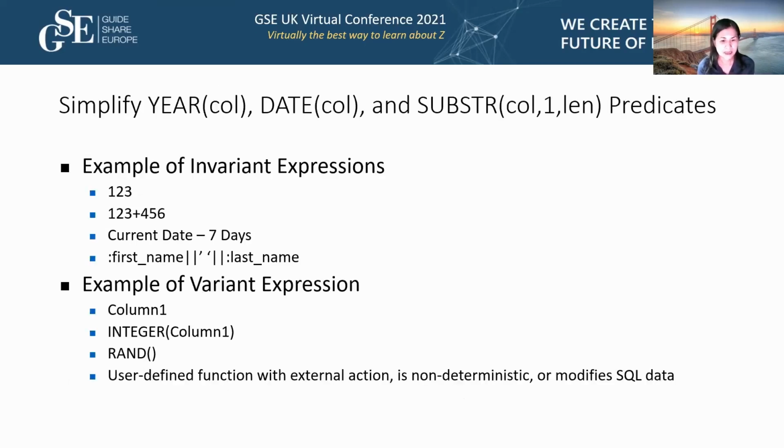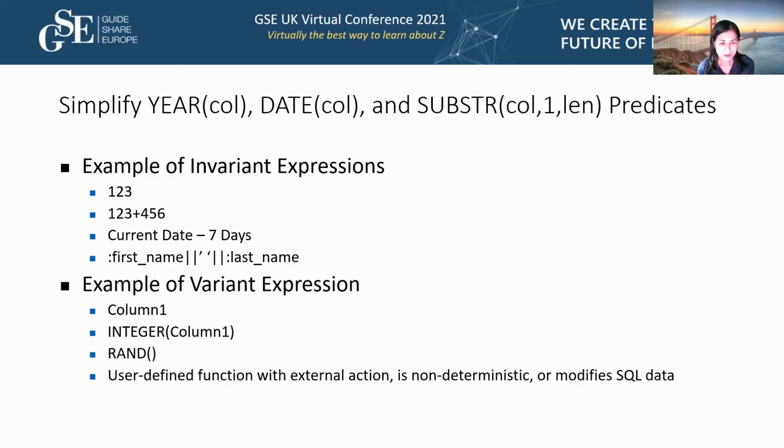So here are some examples of invariant and variant expressions. Invariant expressions contain a constant or a constant expression. The first example is a single constant. The second one is a constant expression. The third example is an expression with a special register. And the last example is a host variable.